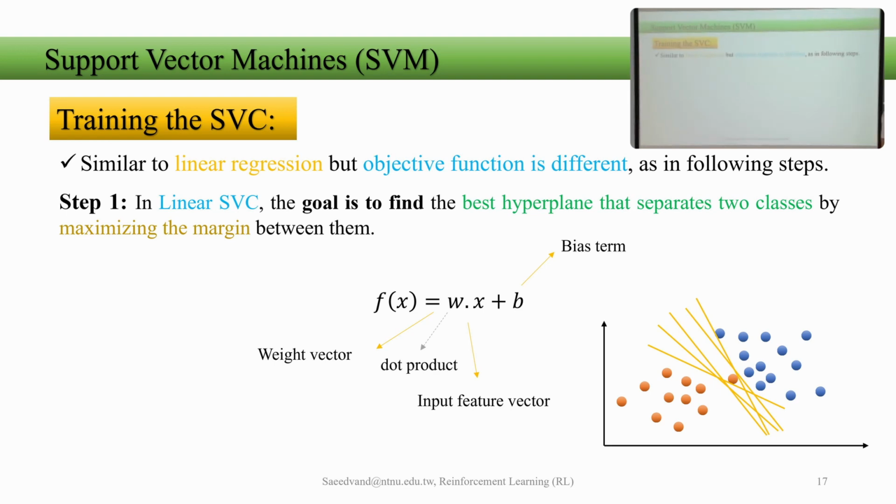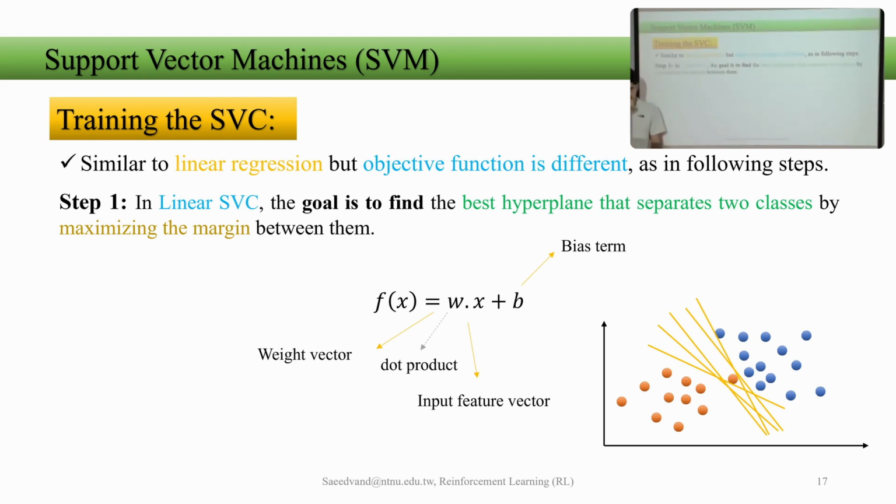In the regression task, we were finding an intercept and slope in order to split those data. The whole thing that we are going to do is pretty similar, but the technique that we are going to use is totally different.